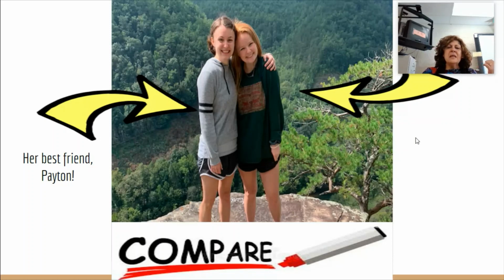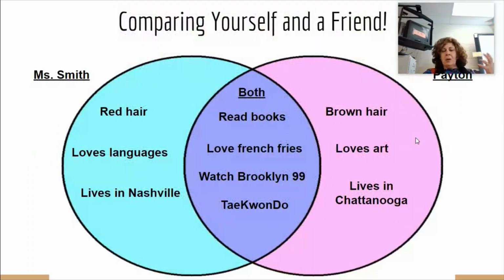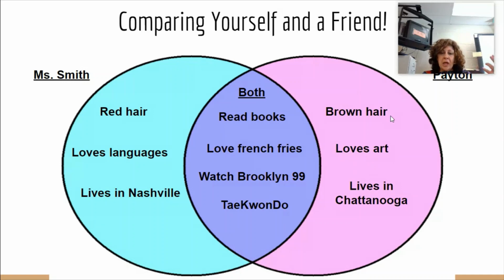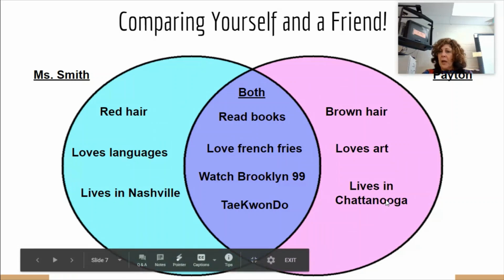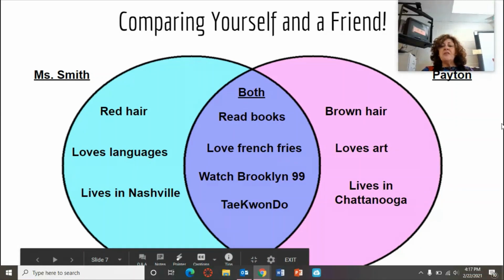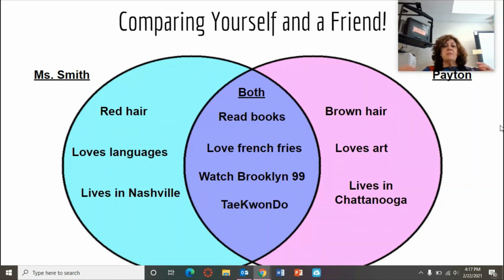Miss Smith has red hair. She says that she loves languages, and I know that she lives close to Nashville. She's telling us that Peyton, and we can see this in the photo, has brown hair, loves art, and lives right here in Chattanooga. These are the differences that Miss Smith used when comparing or contrasting herself and Peyton, right?